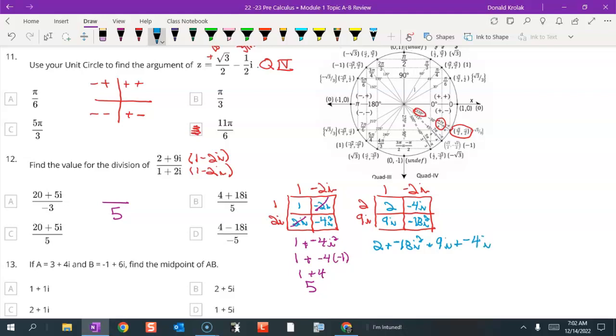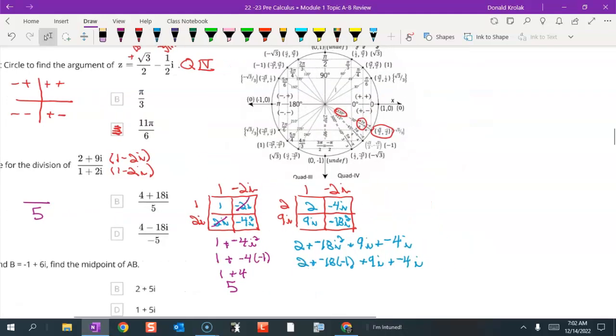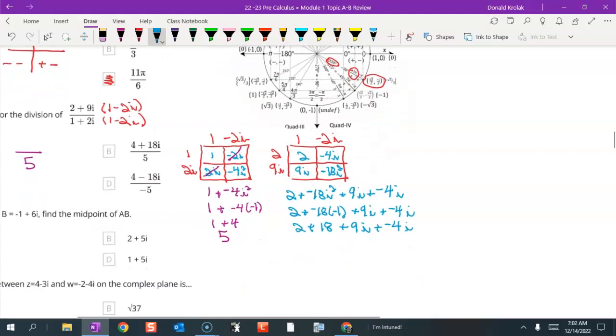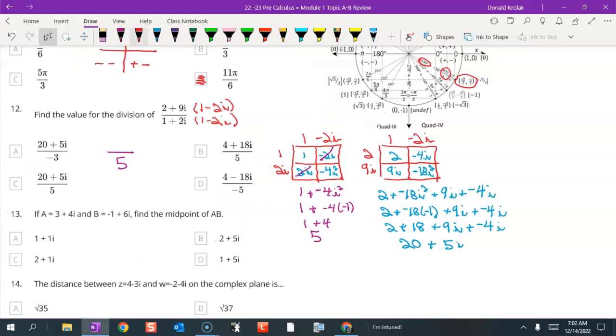So that's going to be 2 plus negative 18, and i squared is negative 1. So now I got 2 plus 18, and now I just combine my like terms. So that's going to be 20 plus 5i, and that's my numerator.